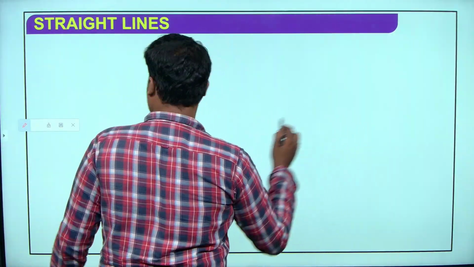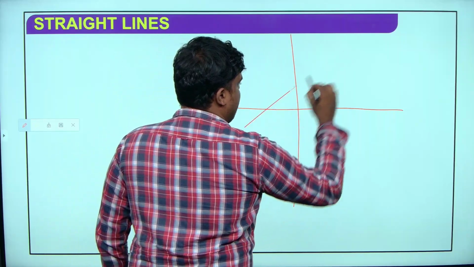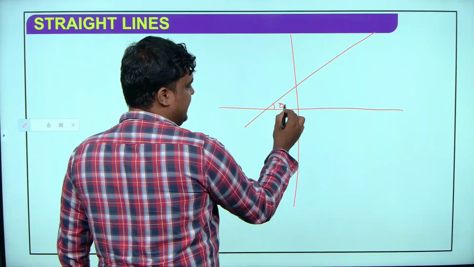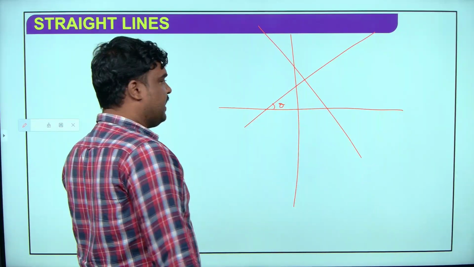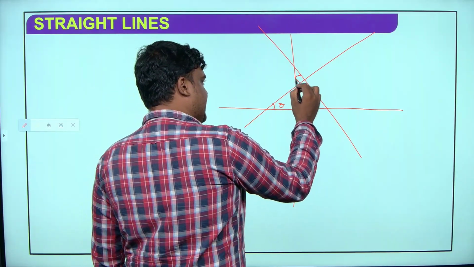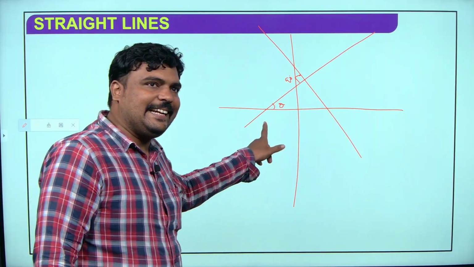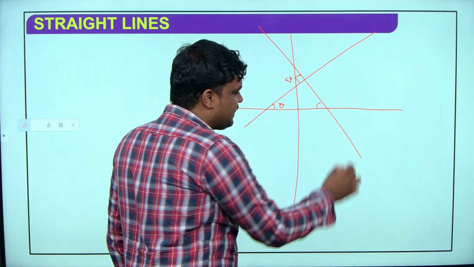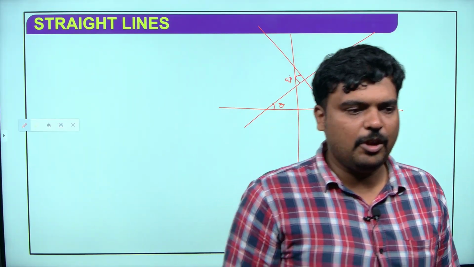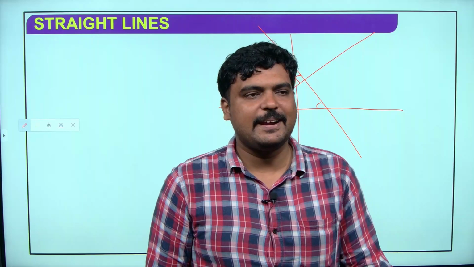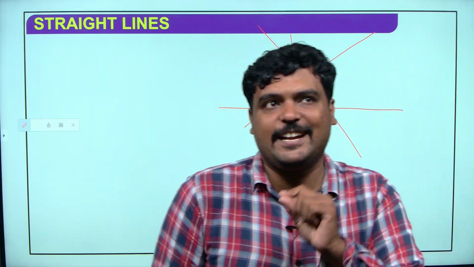See guys, if I'm having an angle like this, we call this theta, and I'm going to draw a perpendicular to this line, which is going to be like this. I know that this is going to be 90 for sure because I have taken it like that. Now this is theta, guys, and this will be pi minus theta, that is 180 minus theta. What is tan of 180 minus theta?